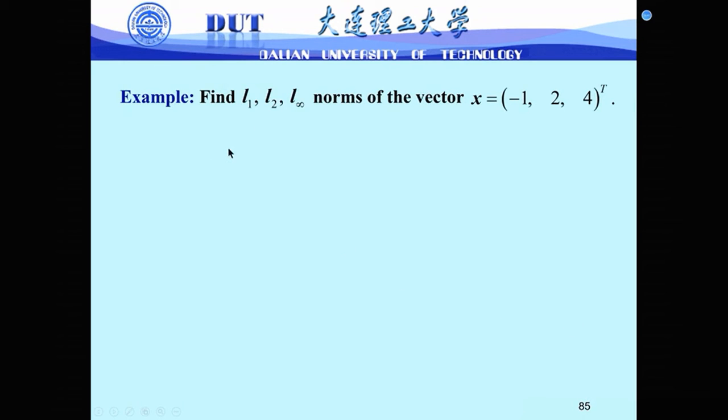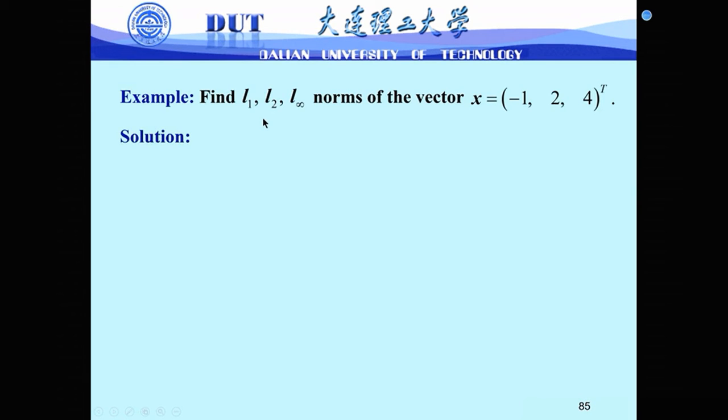We need to find the L1 norm, L2 norm, and L infinity norm, the three norms for the vector x. It is a three-dimensional vector with three components, -1, 2, and 4. Here, T means transpose. That means x is a column vector. Okay, now let's practice.